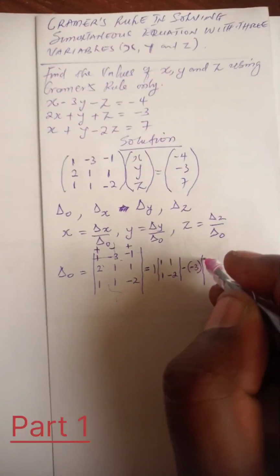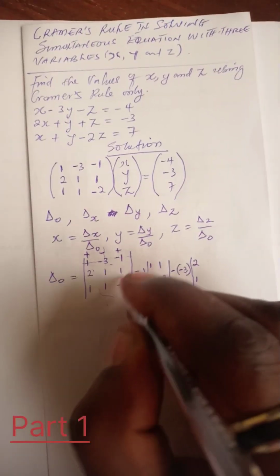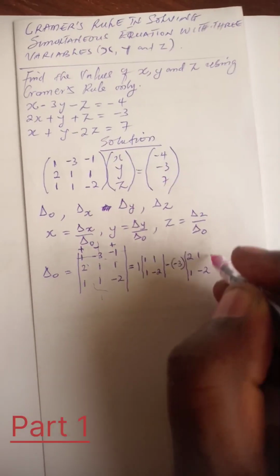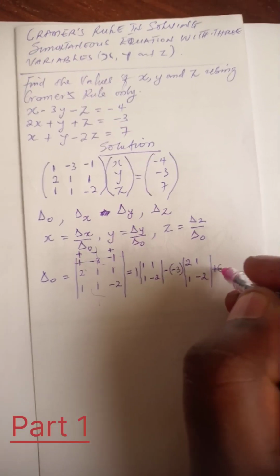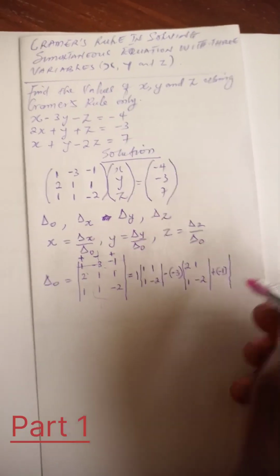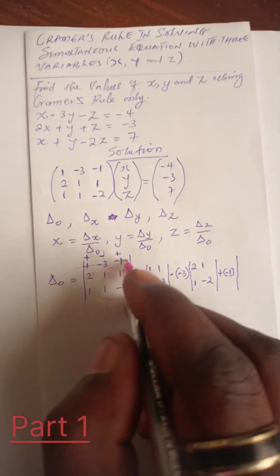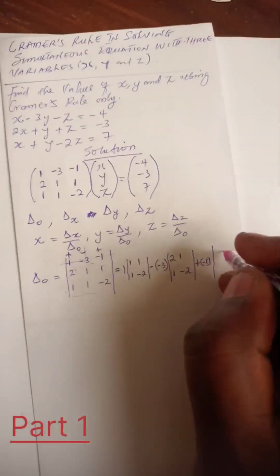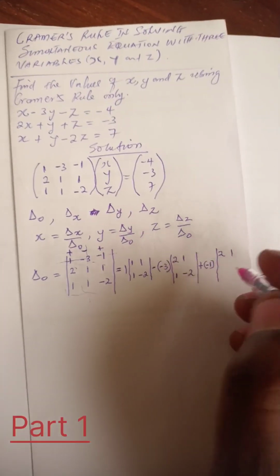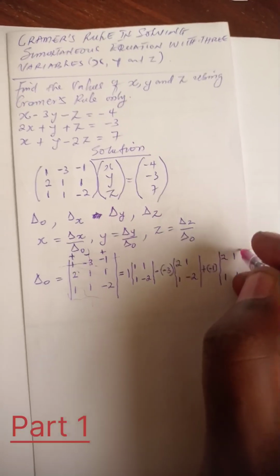So I'll be left with 2, 1, 1, and minus 2. The next one is positive, so I'll put plus, but the value there is minus 1. To get the values, I'll have to eliminate the row that minus 1 is in and the column that minus 1 is in. So I'll be left with these values here, and the values are 2, 1, 1, 1.